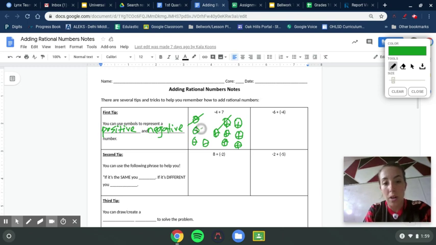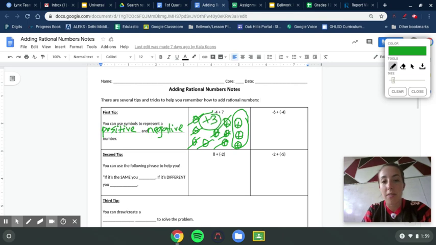So I can do that 1, 2, 3, 4 times. And whatever is left is going to give you your final answer. So it looks like I just have 3 positive chips left. I call them chips. They're like my symbols. So your answer of -4 plus 7 is actually a positive 3.